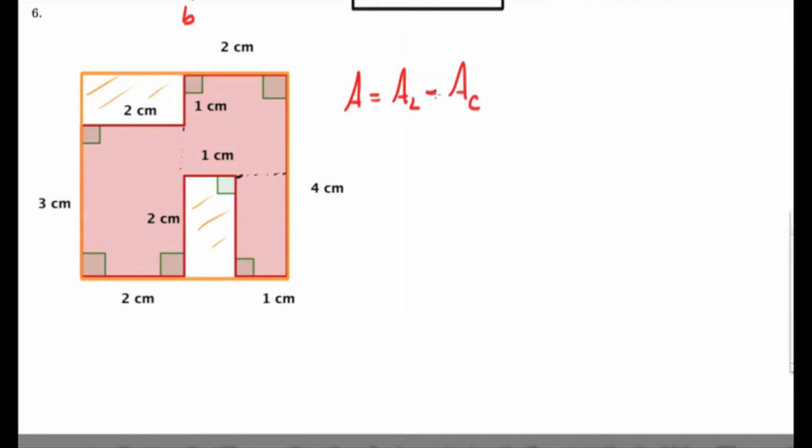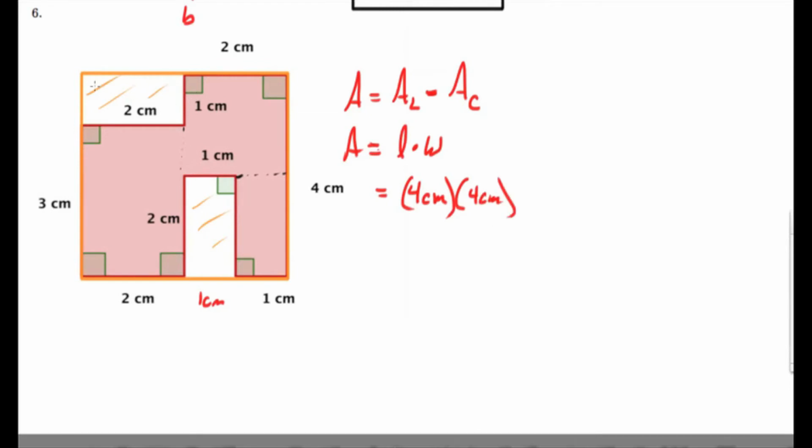Let's just say A sub C. So my large rectangle here would be base, or length times the width, and my length is 2 centimeters here, and this is 1, so this would be 1 centimeter, and another 1 centimeter, that's 4 centimeters. And my height here is also 4, so this is a square.